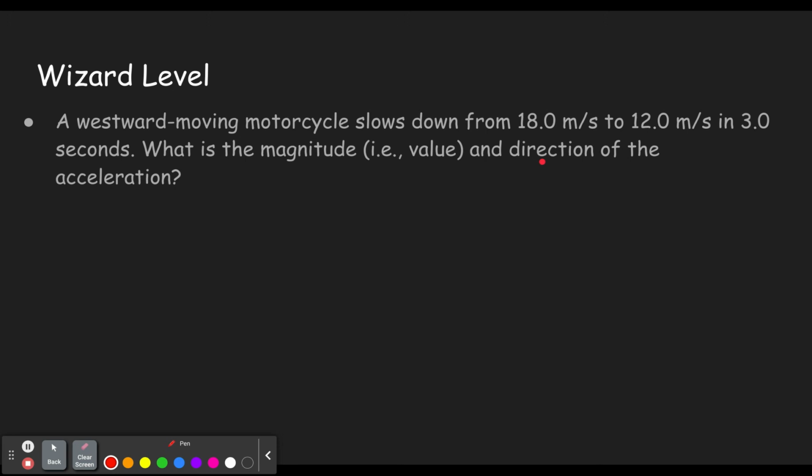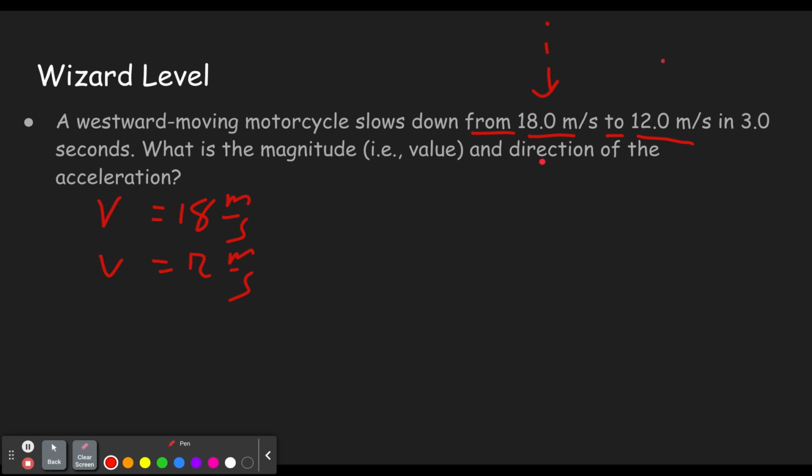Okay, so let's write down our givens. We have a velocity that's 18 meters per second, and we have a velocity that is 12 meters per second. Let's take a look at which one's which. It slows down from 18 to 12. So "from" means this must be where it started.